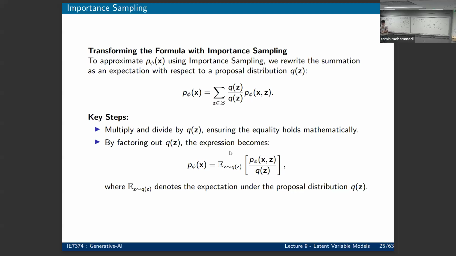The whole idea is to enforce Q to be simple, because the true posterior is hard to find. You don't want to replace it with something hard. You want it to be something pretty simple and standard that you can sample from.